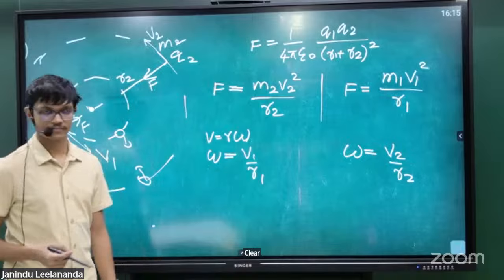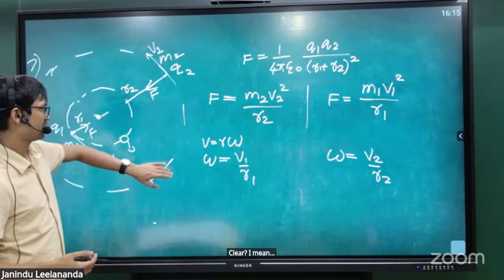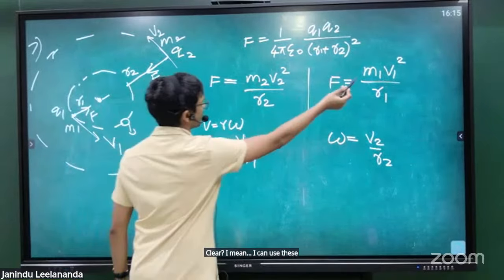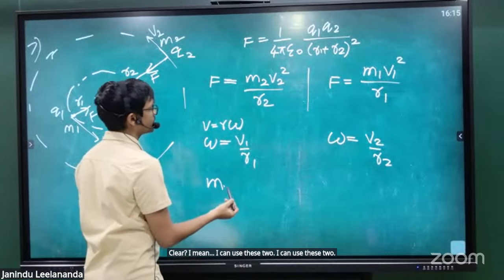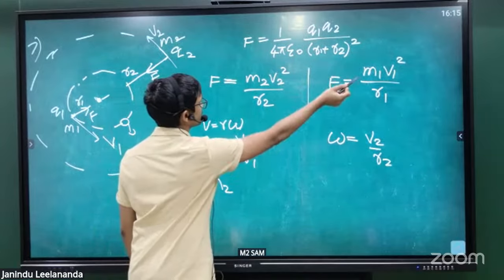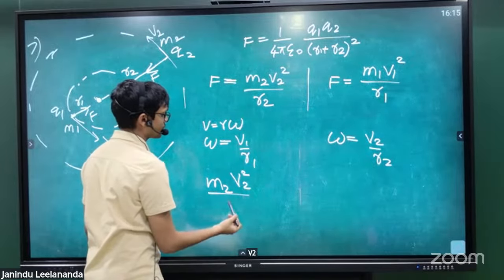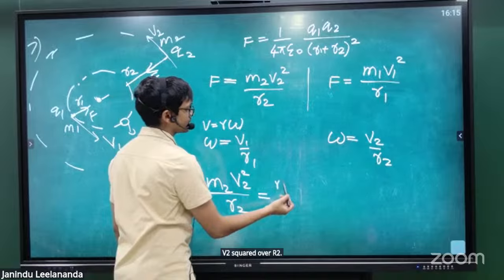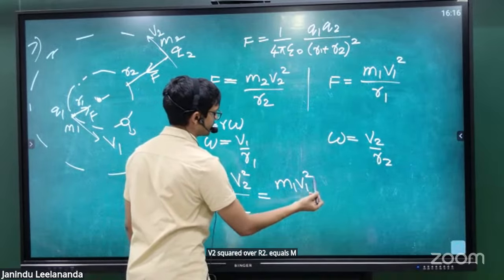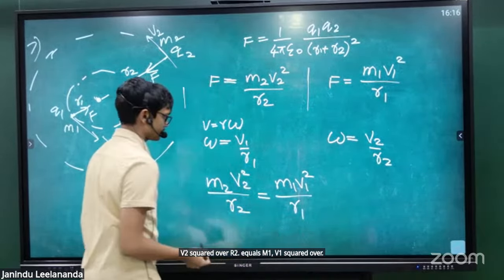I can use these two. Same force, so M2 V2 squared over R2 equals M1 V1 squared over R1.